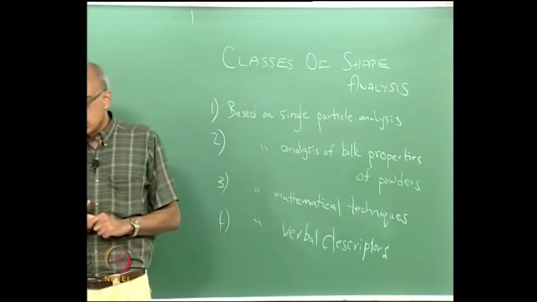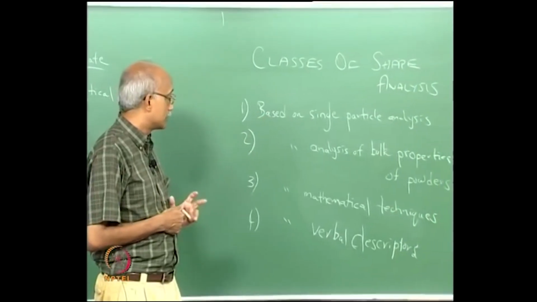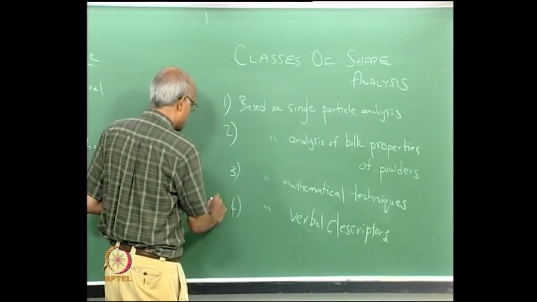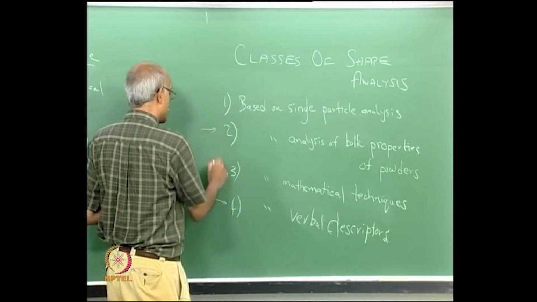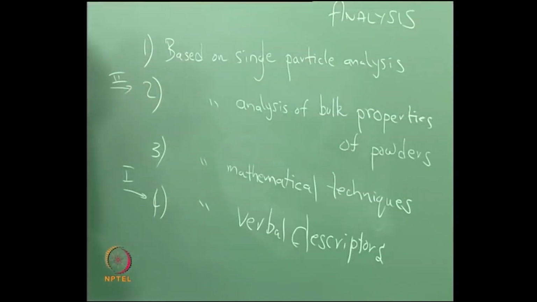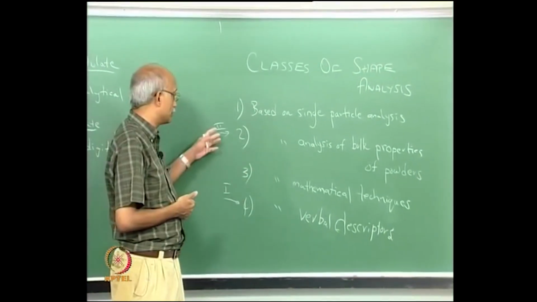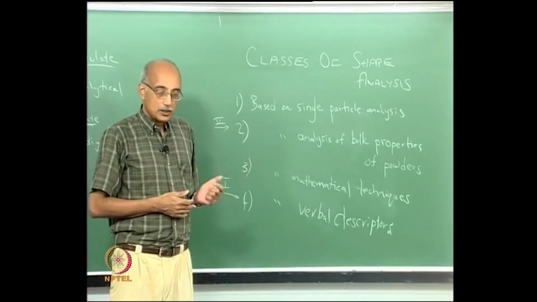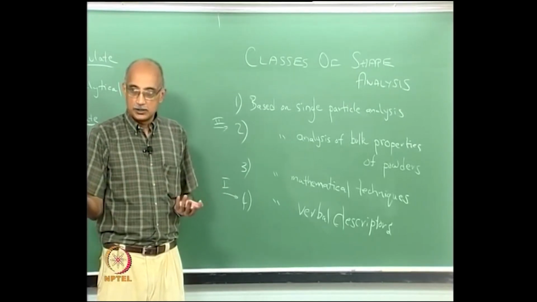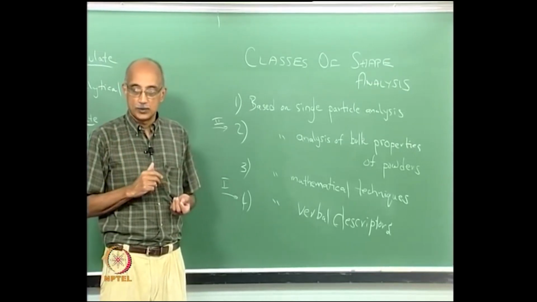Now, when we look at these broad classifications of particle shape analysis methods, obviously the easiest is this, the next would be this. It's always more convenient to estimate shape by looking at how an entire powder behaves. I mean, a simple way to do this may be to take the powder, mix it in some fluid, let it flow, and look at the flowability of the powder, which can actually tell you a lot about the shape distribution in the powder.